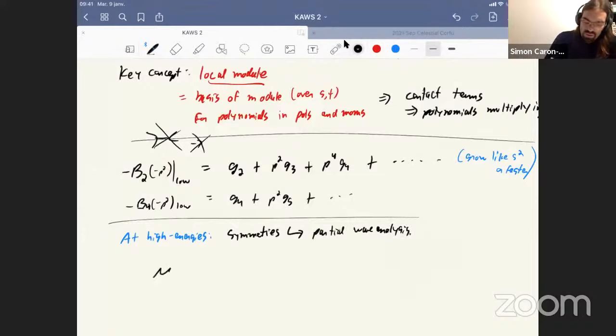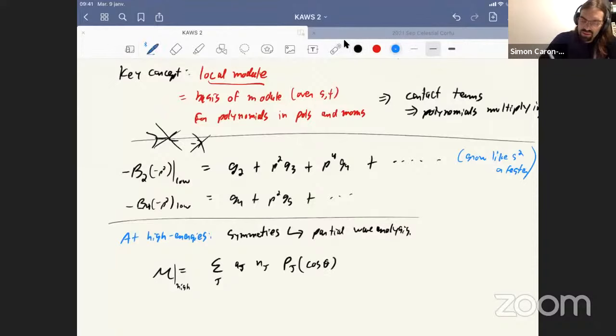We can write the scattering amplitude at any energy, but in particular at high energies, as a sum over all spins J times some coefficient times some normalization that depends on J, times a spherical harmonic, or for a scalar, a function of cos theta.